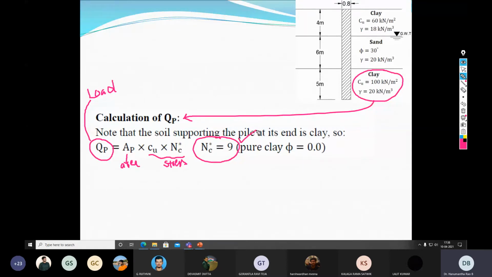By default, you are most welcome to assume as a civil engineer, when phi is 0, NC is 9 for the deep foundation and NC is 5.14 in case of the shallow foundation or the footing. So these values are fixed. So you should not ask repeatedly, sir, this value has not been given or the other value has not been given when phi is 0. So this you have to remember. So NC is 9. Now the biggest question is what value of the CU shall be considered here?